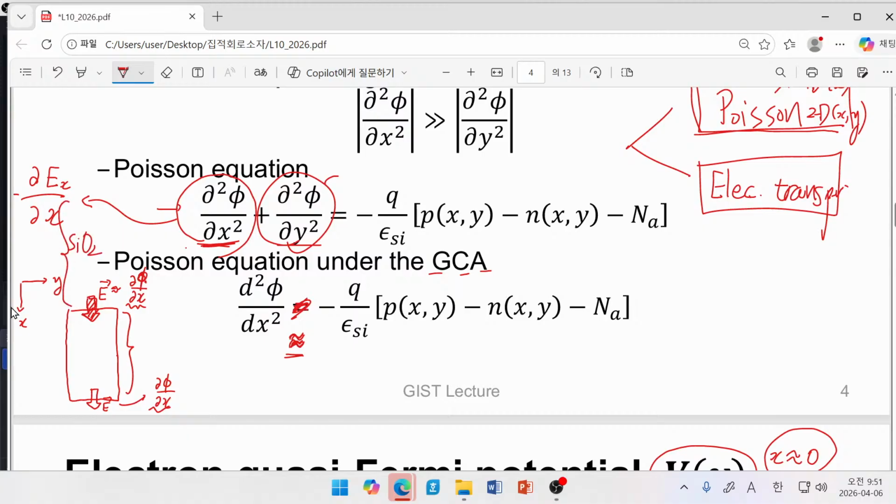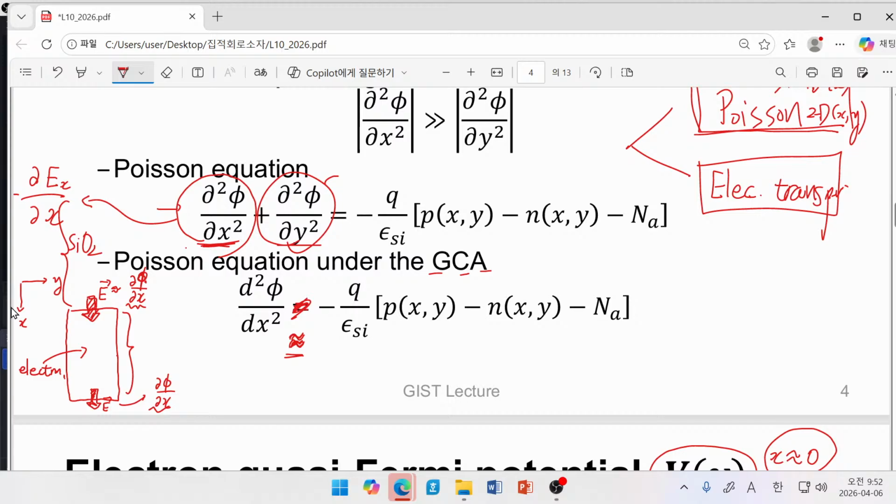Now we have a strong surface electric field, and inside this system we have a lot of electrons, and by these inversion electrons, this high electric field is already quite rapidly compensated, spatially, and now we have a relatively weaker electric field along this vertical direction.